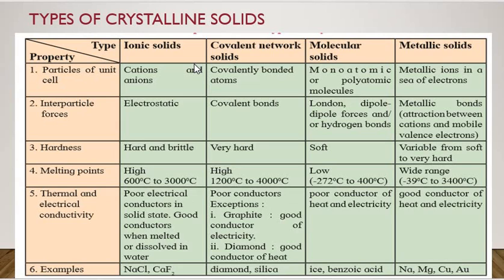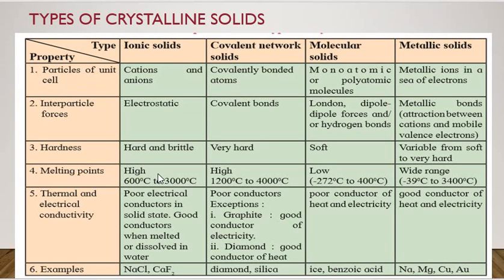Let's talk about ionic solids first. In ionic solids, the constituent particles are charged ions, that means cations and anions. Being made up of differently charged ions, they experience electrostatic force of attraction between the oppositely charged ions. They are hard and brittle.